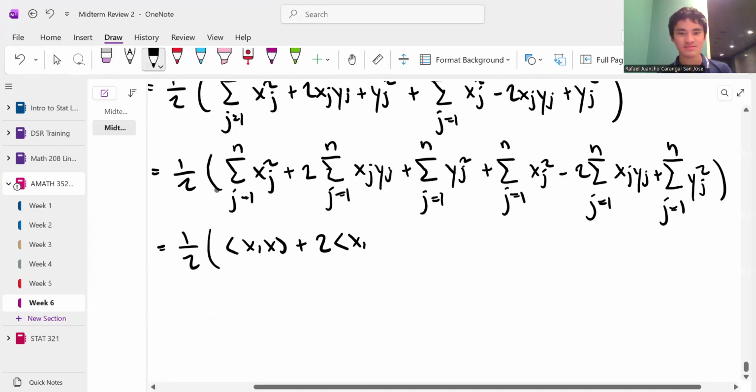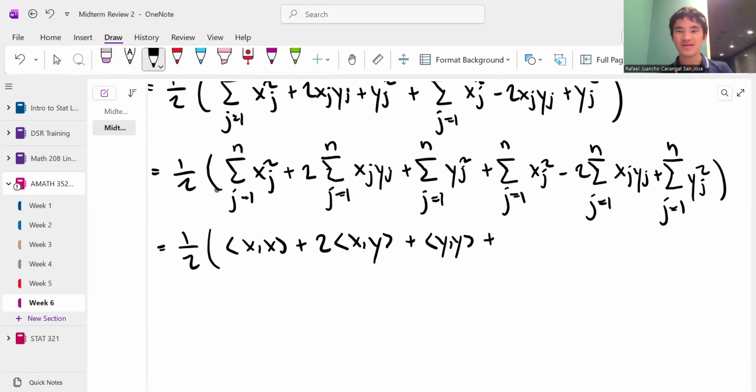Let's see. So here we get xy. This is the same thing as yy. Here we add it again, so we get xx. Here we get minus 2xy plus yy. So that's what we got. And we keep going here.